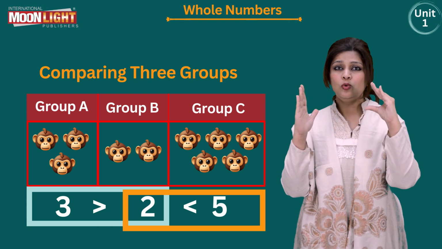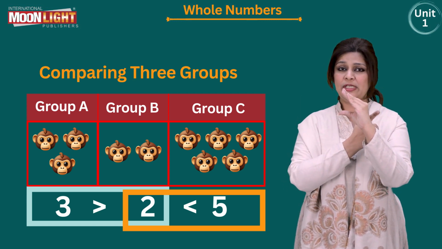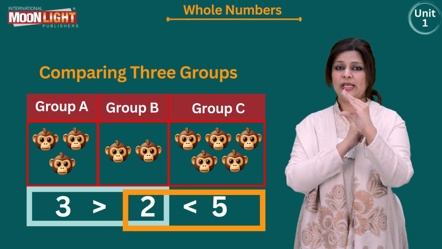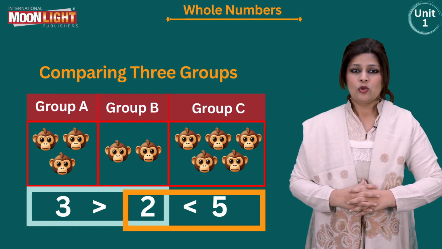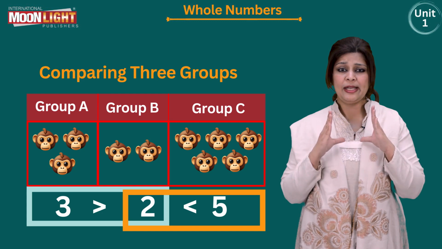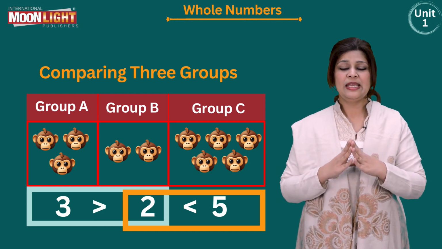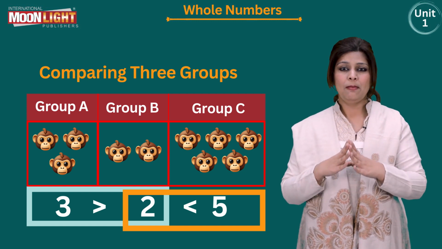Okay, so 2 is less than, because the back is over here towards 2. So we will say that 2 is less than the number 5. Okay. So we are going to write this symbol over here. The direction of the mouth will be same as I told you, the direction of the hungry crocodile, open mouth.